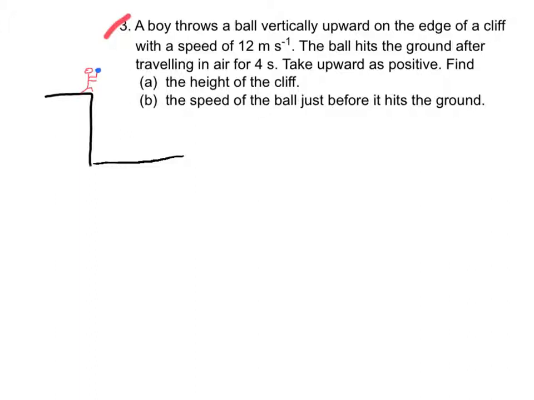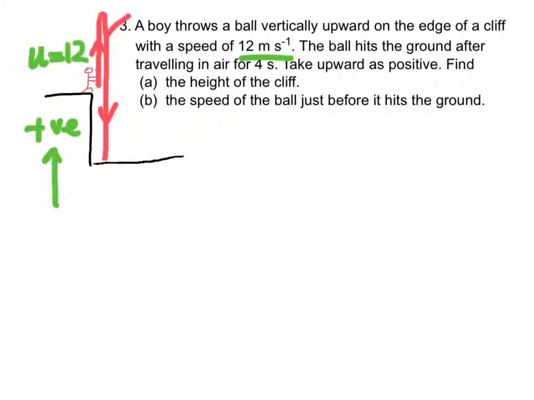Question number 3. The path of the ball will be initially moving upwards, and then moving downwards. If we take upward as positive, then we have the initial velocity u equal to 12 meters per second.